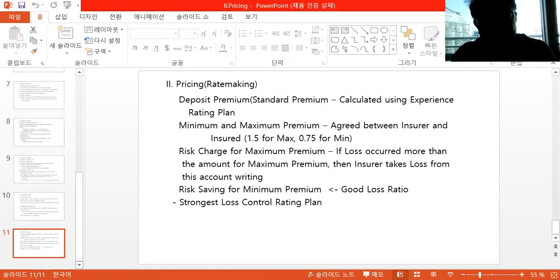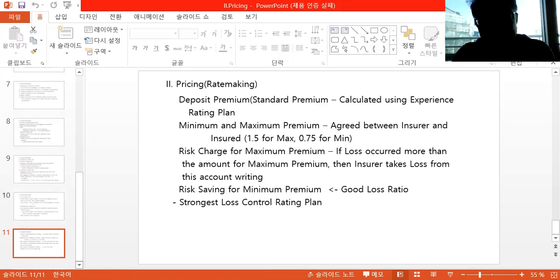For example, you can set the maximum premium at 1.5, which means 1.5 times your standard premium is going to be the maximum premium. And then you can also set 0.75 for the minimum premium, so 75% of your standard premium is going to be the minimum premium.